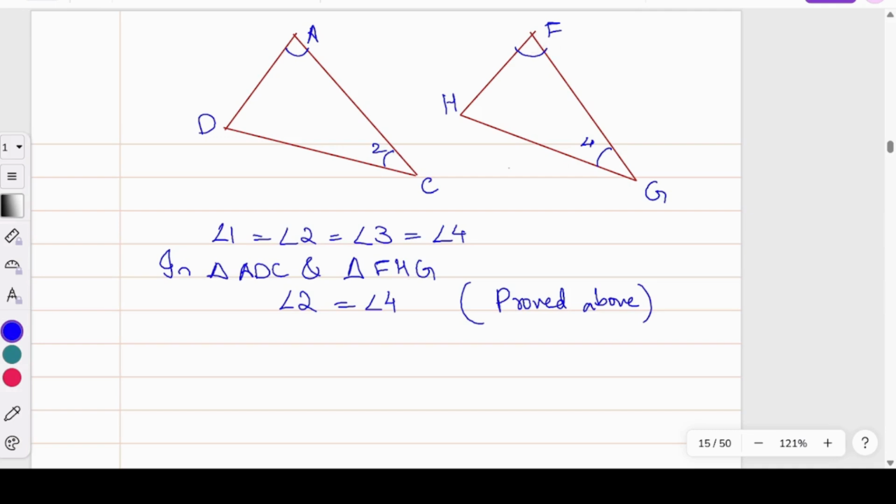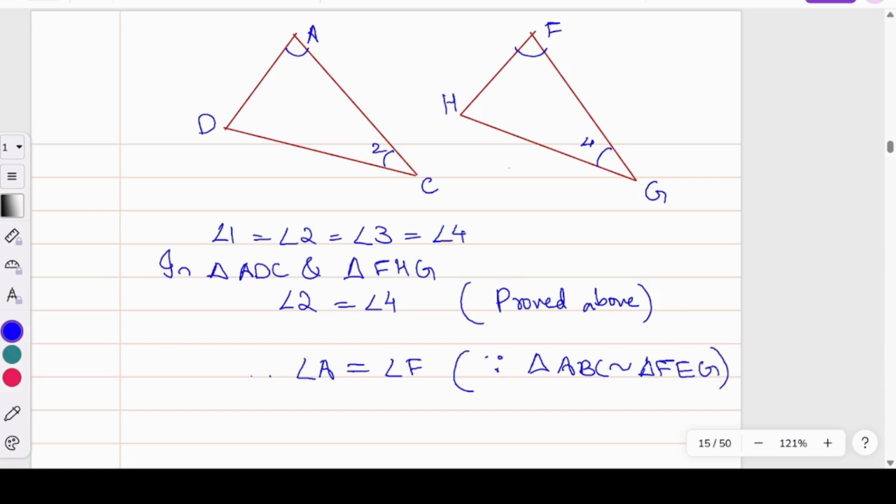Why? Because triangle ABC is similar to triangle FEG. Therefore, angle A equal to what? Angle A equal to angle F. Why? Because triangle ABC similar to triangle FEG, right?